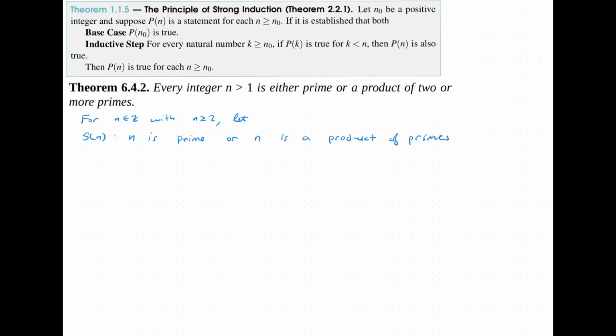So that is our statement. Now, to apply this principle of strong induction, we need to show the base case and the inductive step. For the base case, S of 2 is true since 2 is prime. So nothing to show.